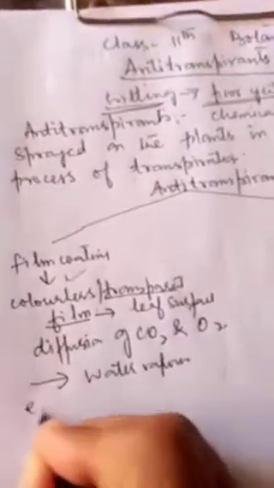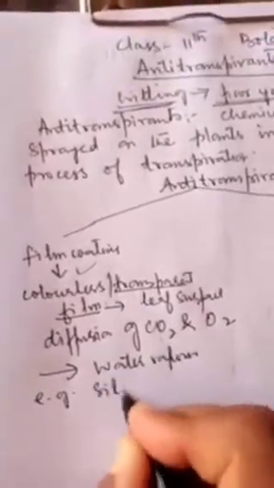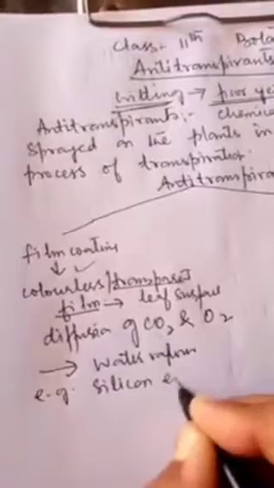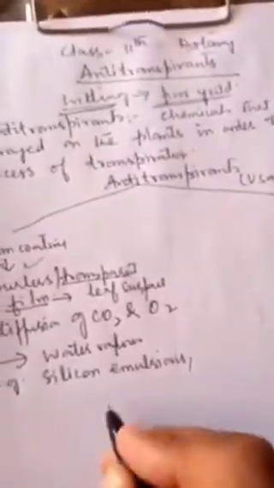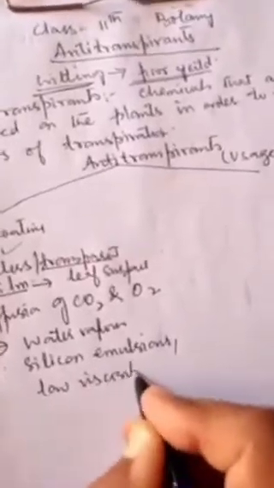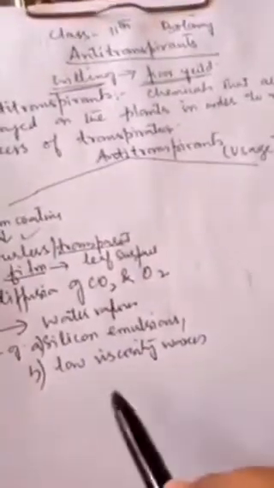For example, we have silicone emulsions, and second, we have low viscosity waxes. This was the film coating anti-transpirant.